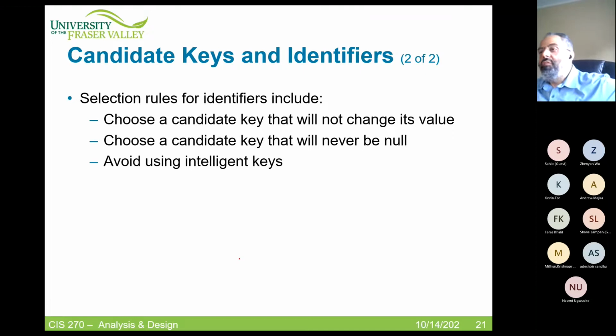Because if it is somehow changed later, and this entity relationship diagram has relations between entities, for example when you create an employee entity type and a project entity type, and this project is done by this employee ID, and then this employee ID is changed for the same person, you will have some corruption in the data. This is because what relates to that employee ID was Ismail, and now this employee ID doesn't belong to Ismail.